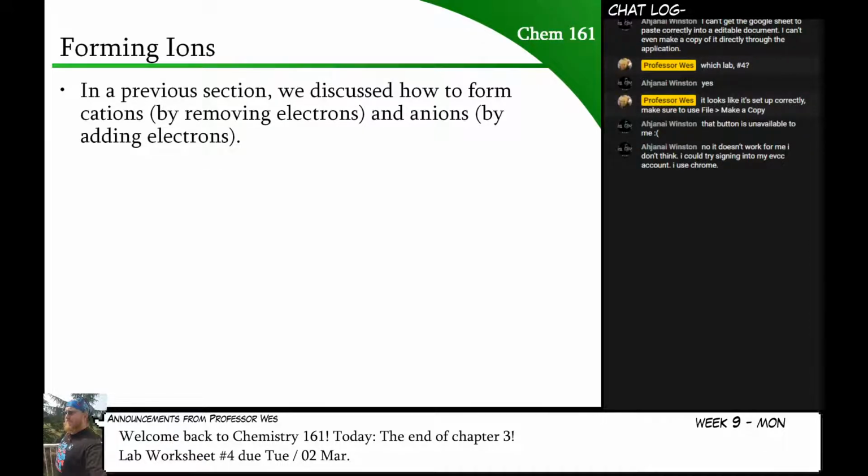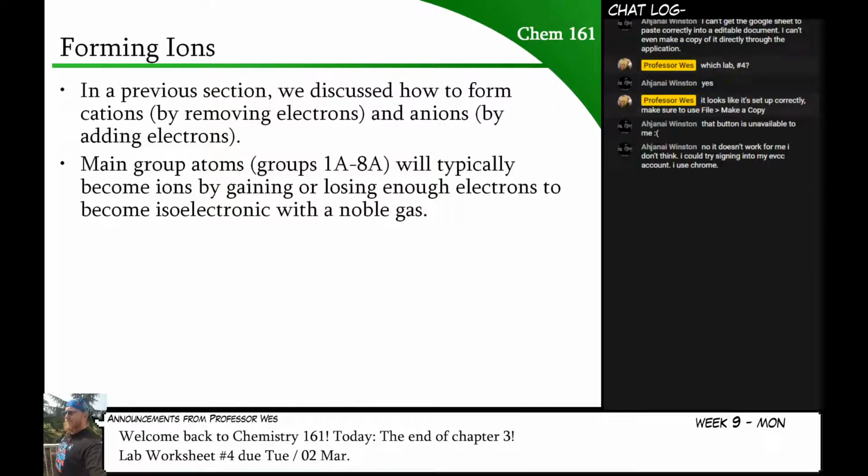So, we talked about how to make cations. You take away electrons. You make anions by adding electrons. And how do you do that? Well, the pattern that arises whenever we add or remove electrons is that we end up being isoelectronic with a noble gas. Now, that is kind of a hand-wavy explanation.